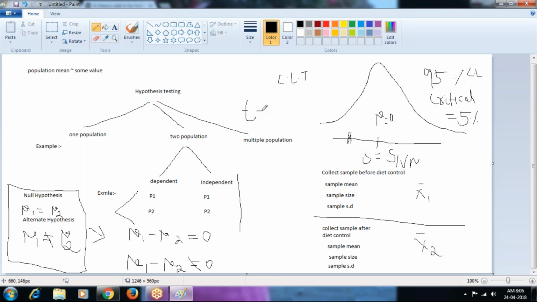So what will be my t value here? Can anybody say that? For two samples, how do you get the t value?